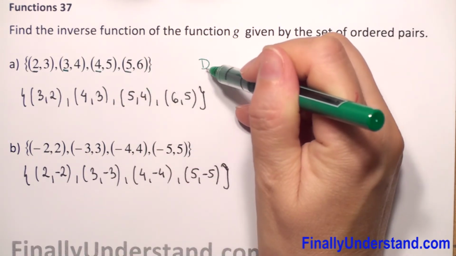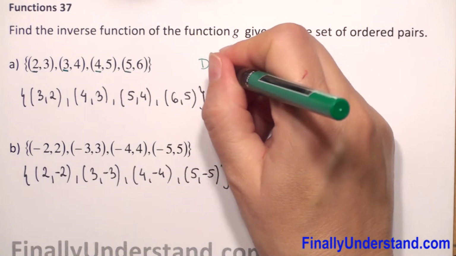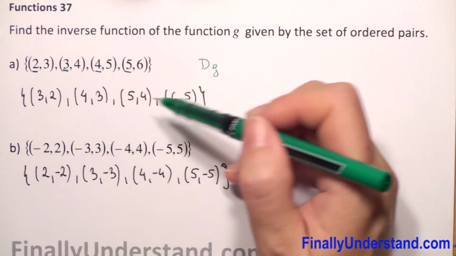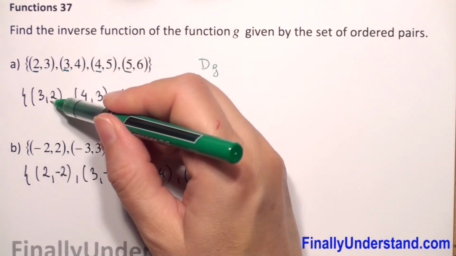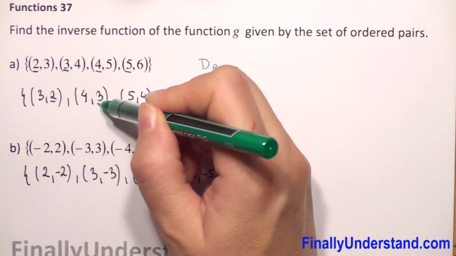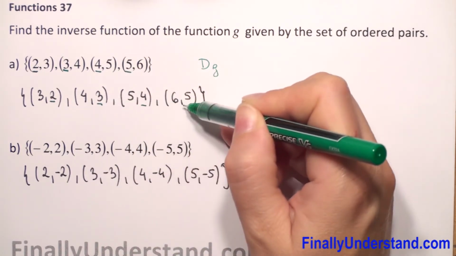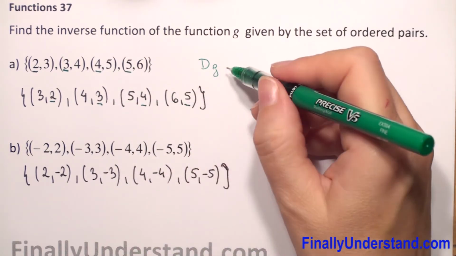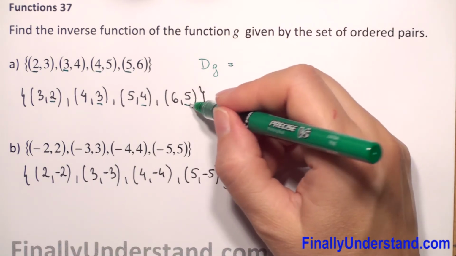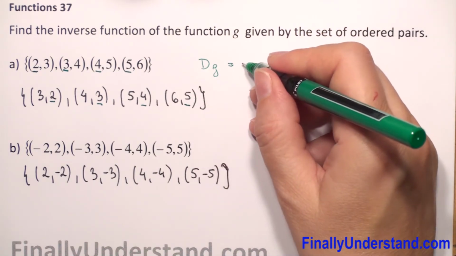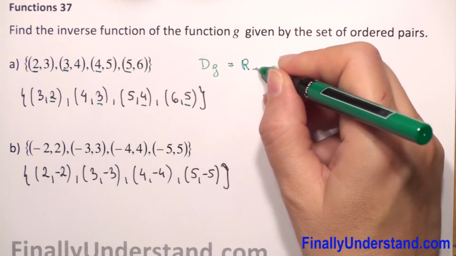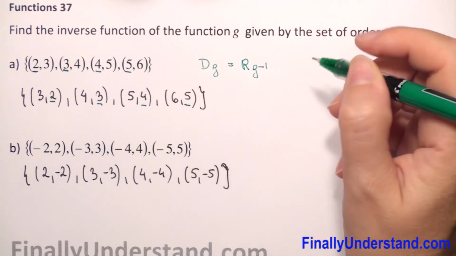And now we see that the domain of g is equal to the range of our inverse function. This is equal to the range of the inverse function of g.